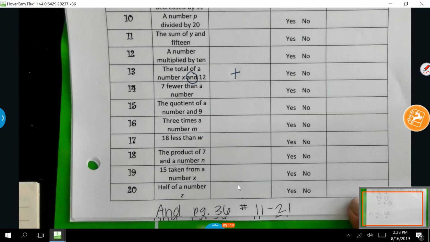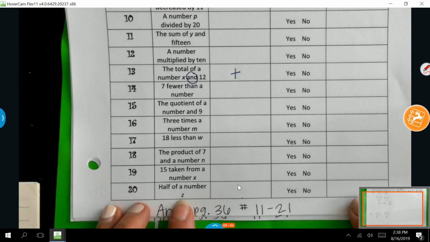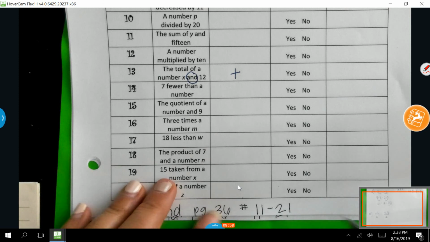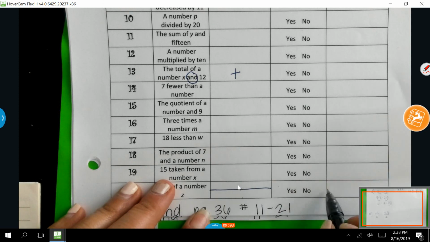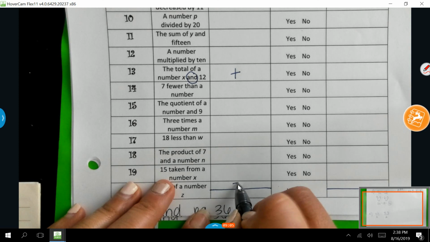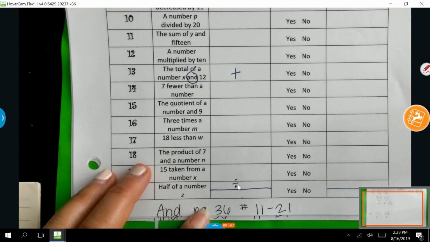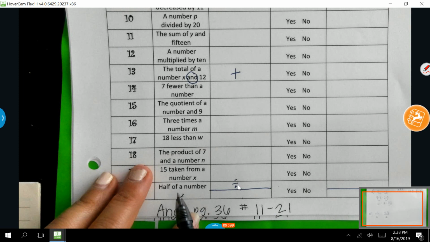And finally, number 20, half of a number z. How do you find half of anything? What could you do? Divide it by 2. There is actually a second way. So one way, and I'm going to split this box in half. So you can divide. Of, though, also means to multiply.